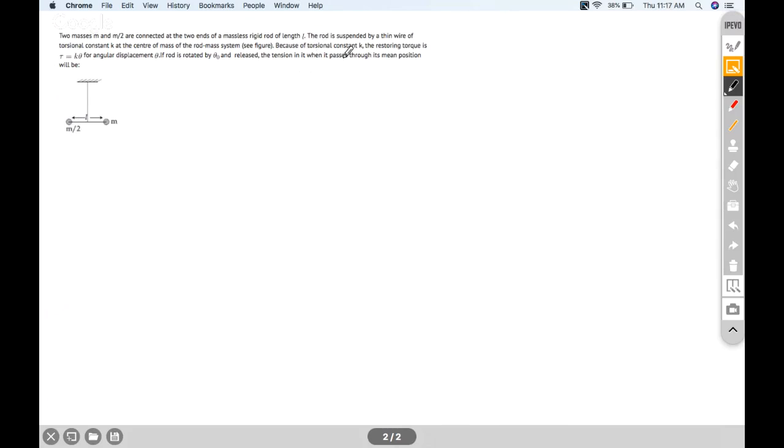The rod is suspended by a thin wire of torsional constant K. This wire which you see here has a torsional constant K. If you don't know, torsional constant is just like a spring constant.